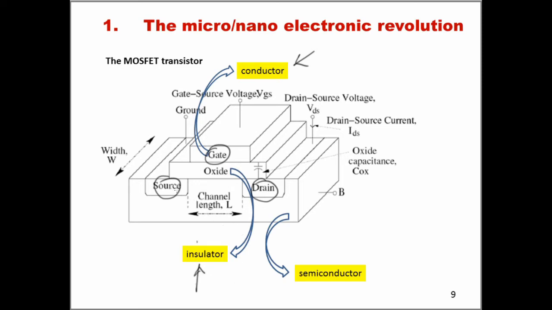And then between the source and the drain we have what we call the channel of the transistor, and this whole block of material here is actually a semiconductor. So in order to understand how these electronic devices work, we actually have to get a good understanding of how conductors, insulators, and semiconductors work. And that's why in chapter 2 we will revise these concepts.